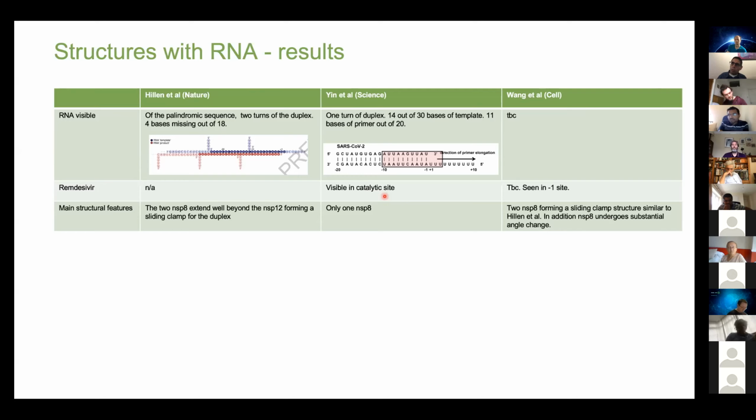If it's getting incorporated, it can probably be incorporated at several positions down. Given that you have a string of uracils here, it should continue and get incorporated, but it's seen in the catalytic site.